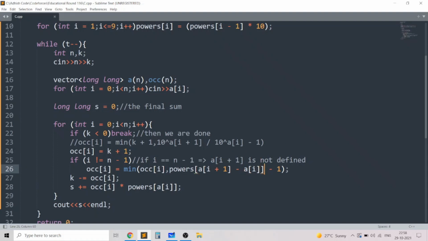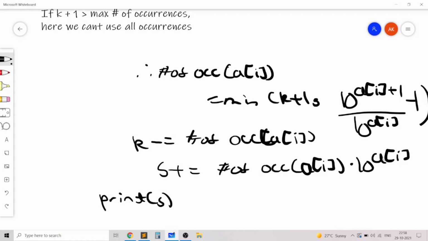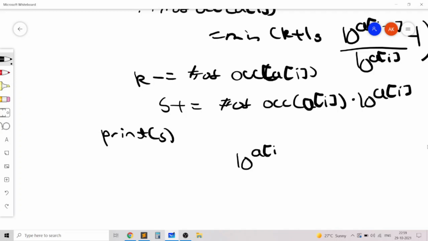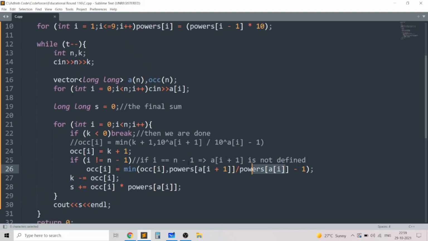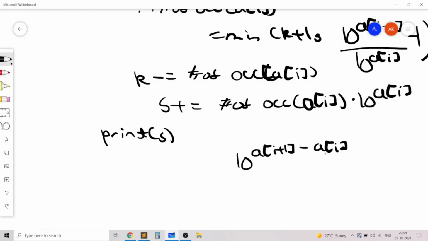Another way to write this would be powers of ai plus 1 divided by powers of ai, minus 1, or another way is to just use the subtraction, because 10 to the power of ai plus 1 divided by 10 to the power of ai is also equal to 10 to the power of ai plus 1 minus ai, and that's why you can either divide them manually or just write the subtraction and take that power.